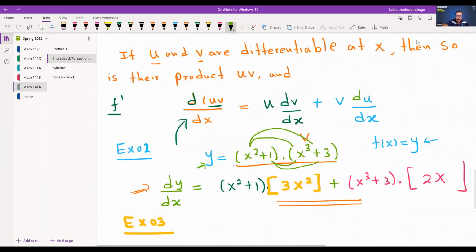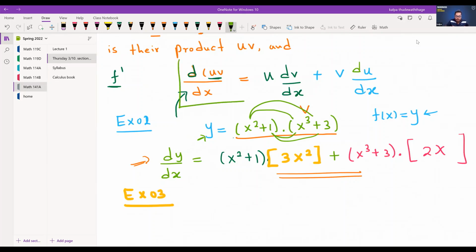So that's why we have this rule. This rule says do not take the derivative of u and the derivative of v and multiply. Keep one thing as it is and take the derivative of the other, and then the one you didn't differentiate, you differentiate the next time. So each time you differentiate one part at a time. That's how the rule works.